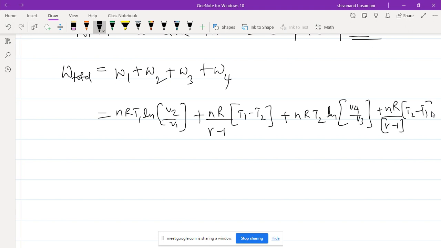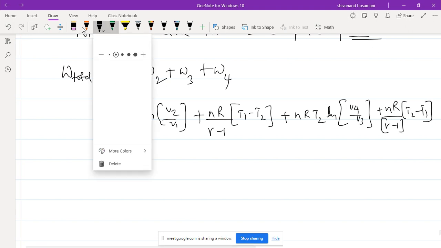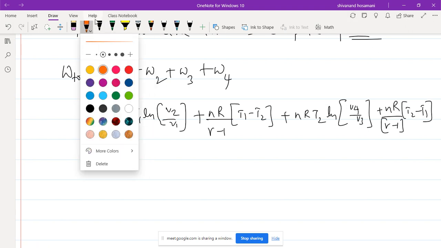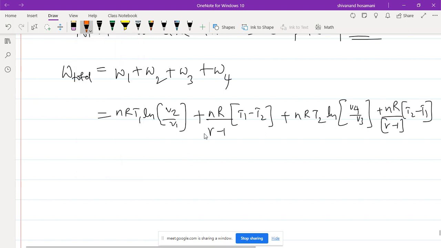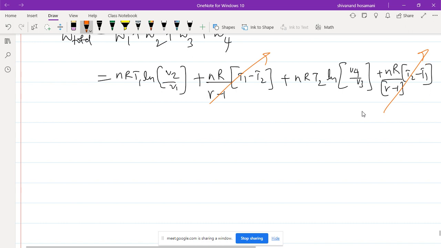Therefore, what remains here? Which ones remain? This term gets cancelled, and we are left with this term. That is, total work W is equal to NR, common in both, T1 and T2 are there, and V4 and V3 are there.